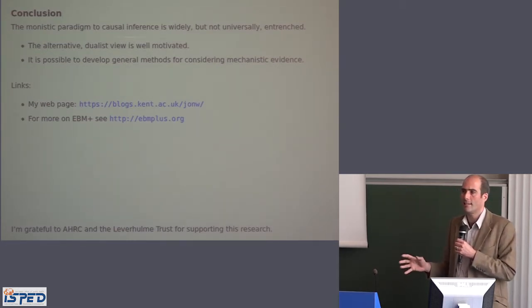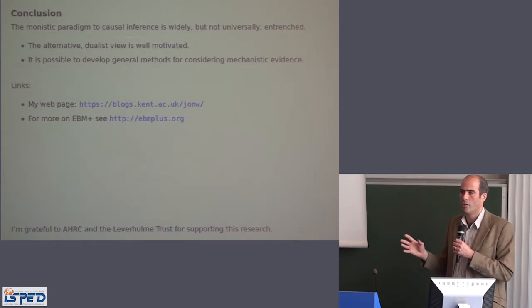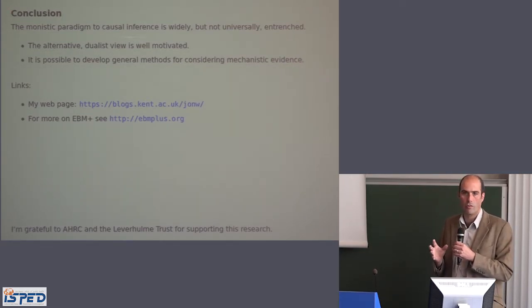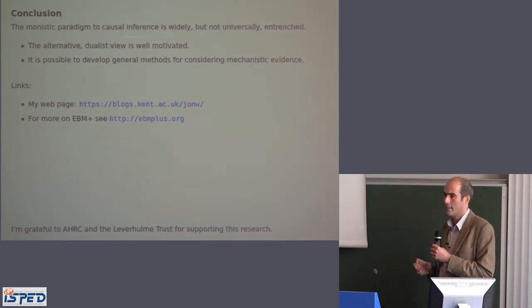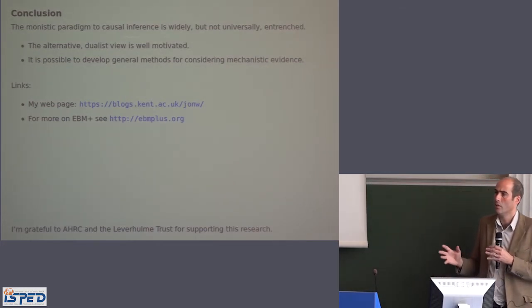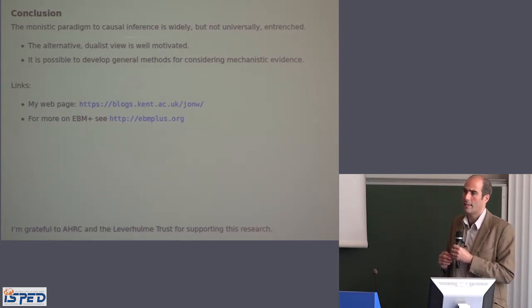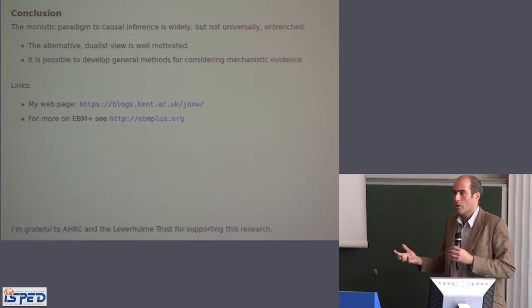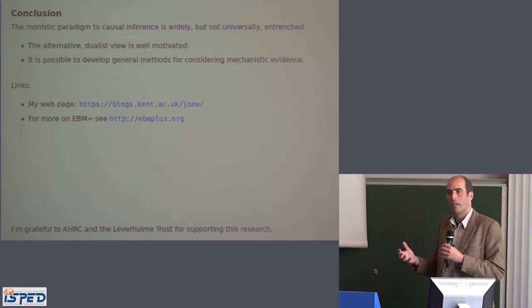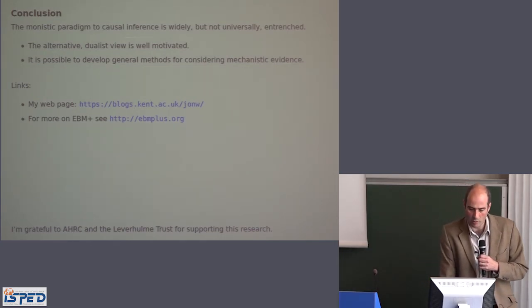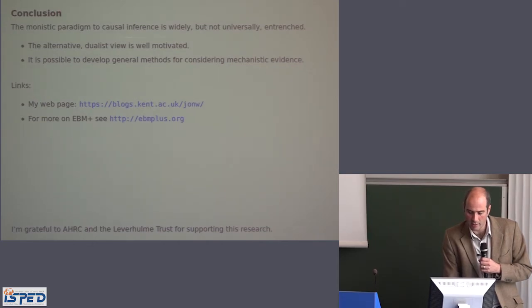I think that you can say sensible things about how to review evidence of mechanisms, and you can integrate those reviews with your statistical analyses in order to come up with judgments of whether a causal claim is established or not. We're not going to do everything quantitatively, but we can still make judgments in the same sort of way as we do qualitatively at drug approval meetings and these kinds of conferences.